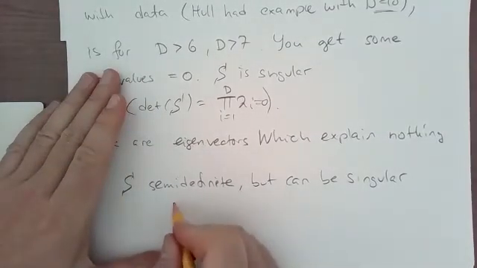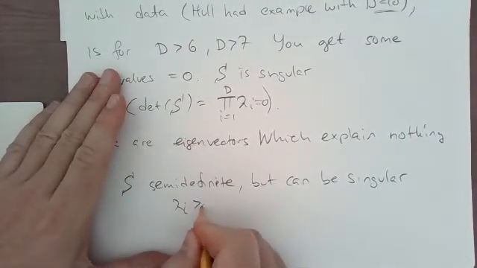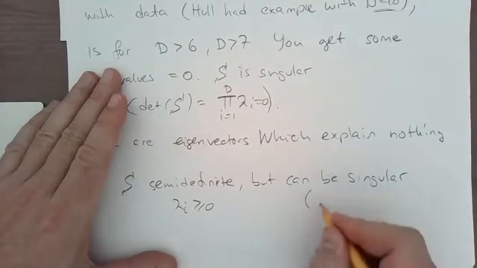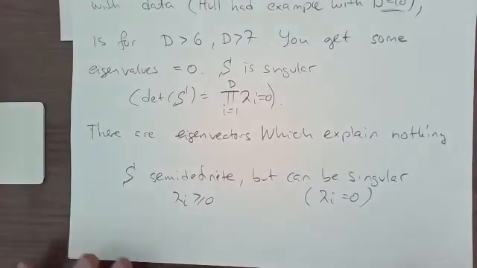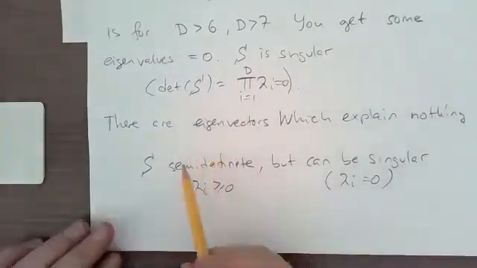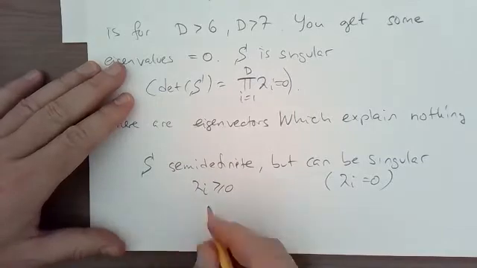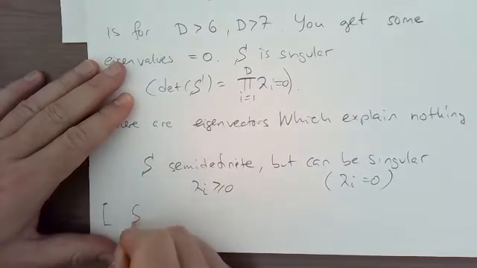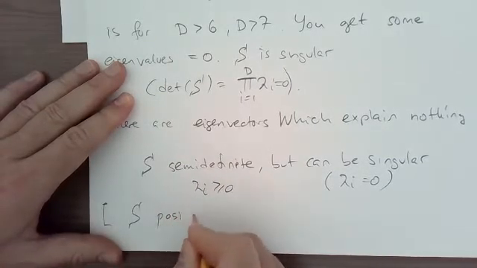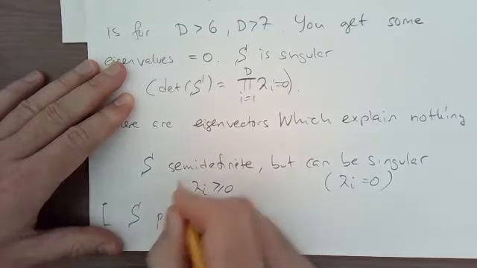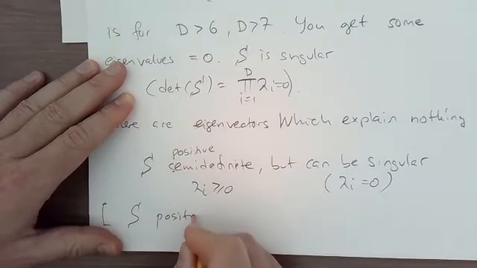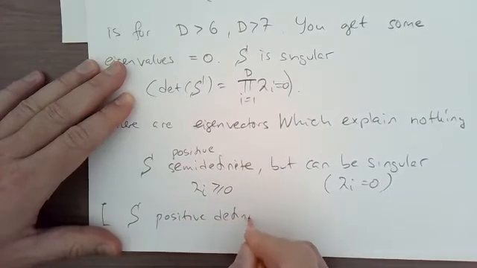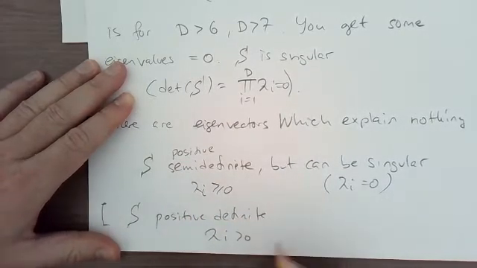Semi-definite gives you that your lambda is non-negative, but you can have zero eigenvalues. If S were positive definite, then your lambda is strictly positive.